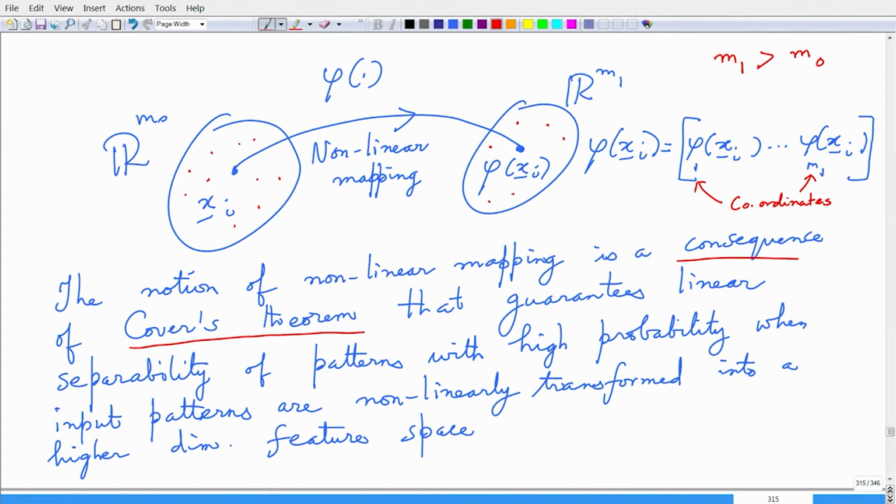And this idea from Cover's theorem coupled with the idea of SVM design using optimum hyperplanes, which essentially play with linear constraints, we can solve this pattern separability problem by taking inputs, lifting them non-linearly into a feature space and then applying the SVM there in the feature space towards the task that we want, right. This is the general idea.